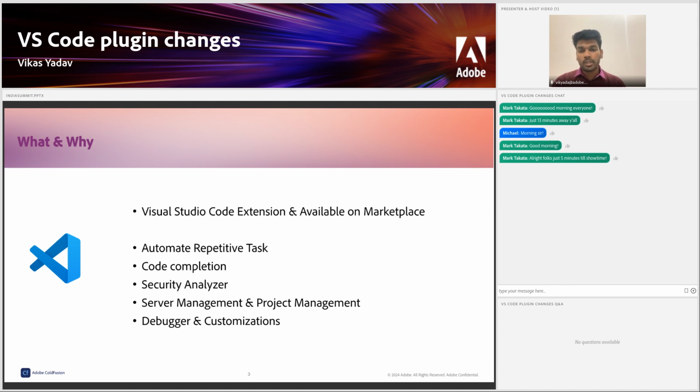You can also manage your work with project support and integrated server management, all from this particular extension. You can customize almost every feature as per your liking, and you can use the integrated debugging tool to debug the code execution for your CFCs and CFM. So that is why we should be using Adobe's ColdFusion extension for any ColdFusion development.